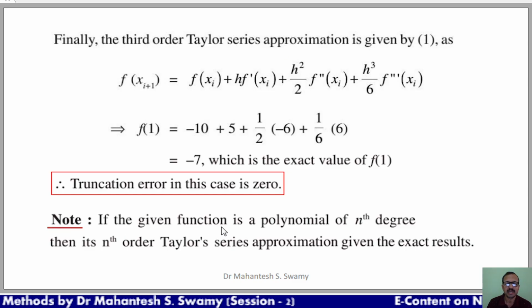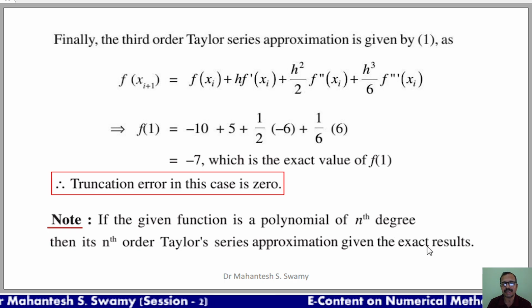It is noted that if the given function is a polynomial function of degree n, then its nth order Taylor series approximation gives the exact results. When the error becomes 0, it gives the exact value. The approximate value is the same as the exact value. When the degree of the polynomial is n, then the nth order Taylor series gives us the exact value.